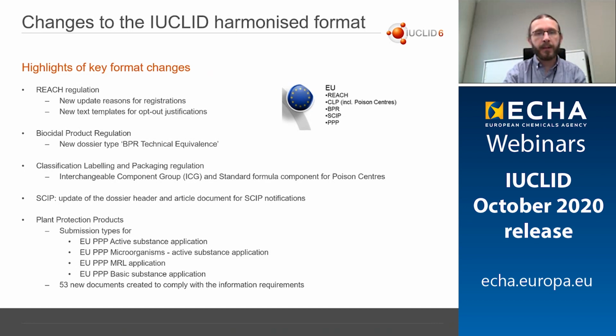As far as the BPR is concerned, you will notice a new dossier type for BPR technical equivalence. Here, I would like to also mention that we are preparing a webinar dedicated to the use of Euclid for biocides users in Europe. So there will be more specific information for this group of users provided on the ECHA website in the coming weeks.